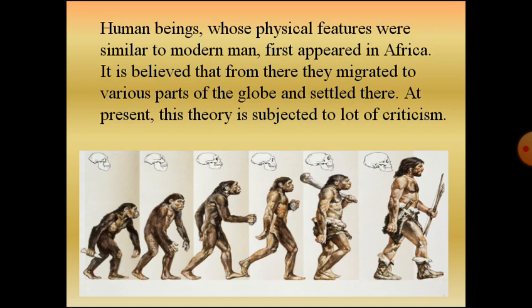It is believed that from there they migrated to various parts of the globe and settled there. At present, this theory is subjected to a lot of criticism. Single-celled organisms, molluscs, fishes, plants, insects and amphibians were also evolved, and even the plants like flowering plants or grass also evolved at the same time.